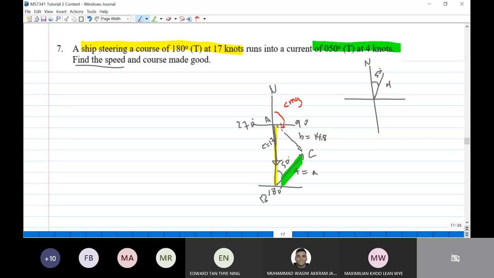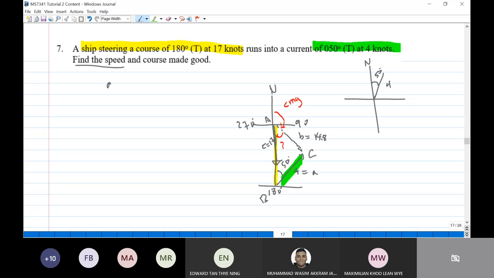Okay, so then I can use this to find out what this angle is first. So this angle is A, right? What is this A? If I know angle A, what can I do? I can use the sine law to help me.